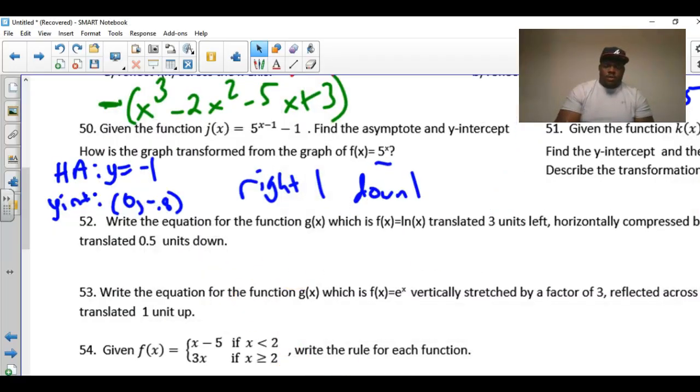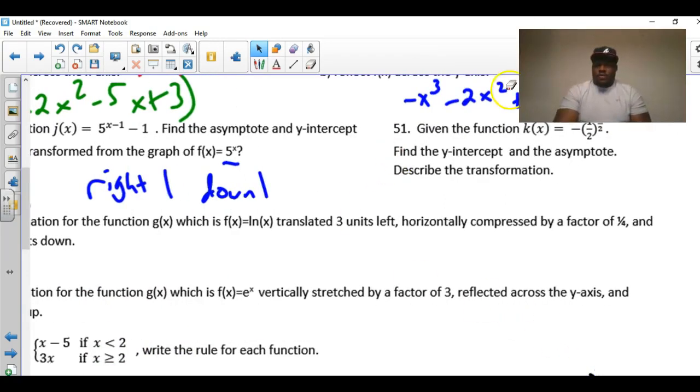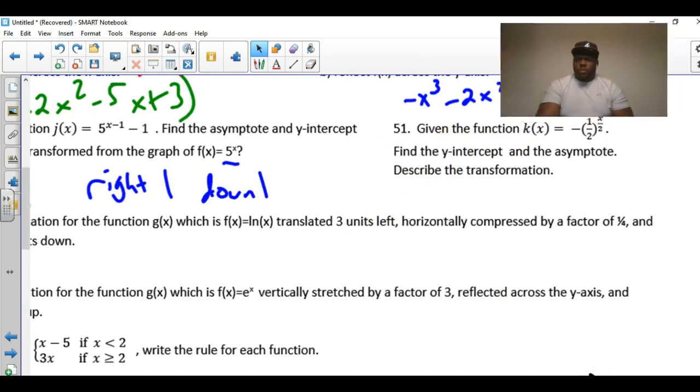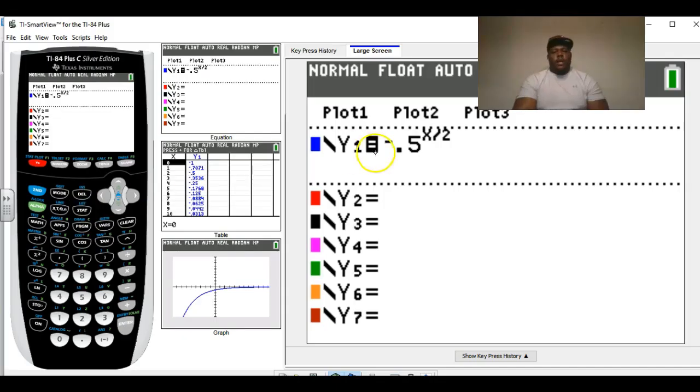So now anyway, let's look at 51. 51 here says, given this function right here, negative 1/2 raised to the x divided by 2, find the intercept and the asymptote and describe the transformation. Again, right here I have negative 1/2, that's 0.5, raised to the x divided by 2.